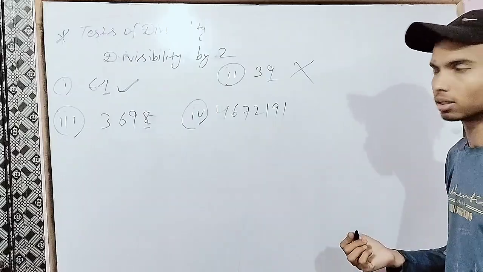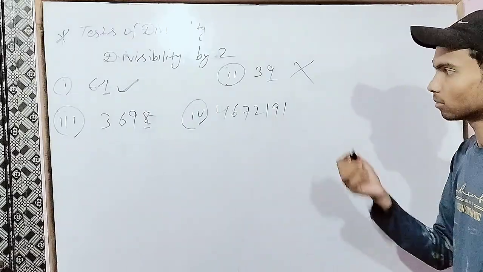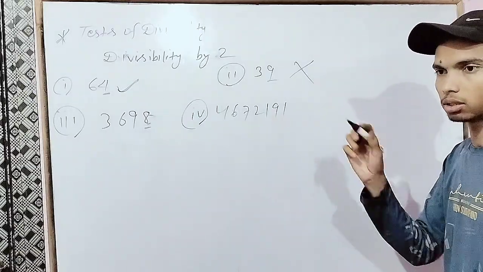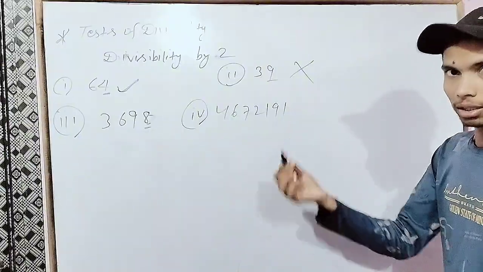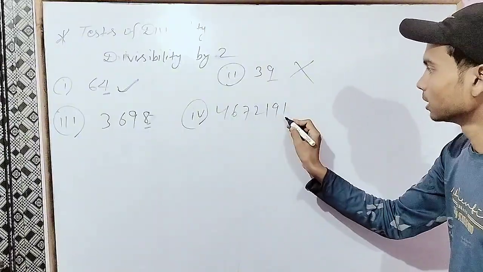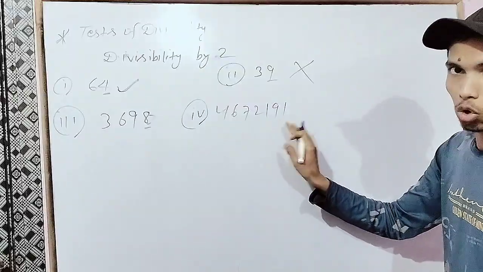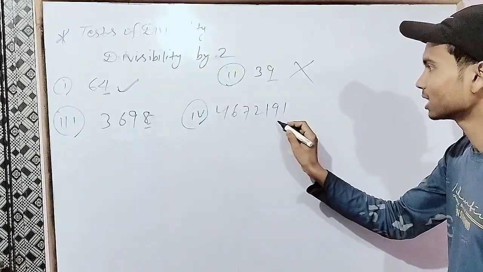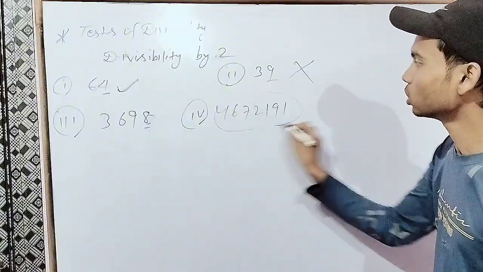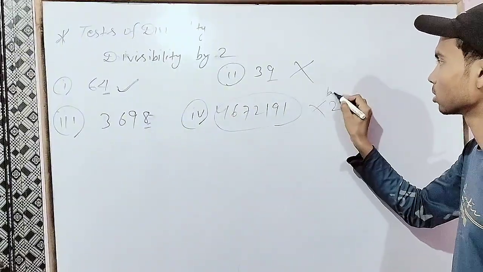You can even check by using the division method. And you can tell your method: here the first digit is not divisible by 2. 1 doesn't come in the table of 2.